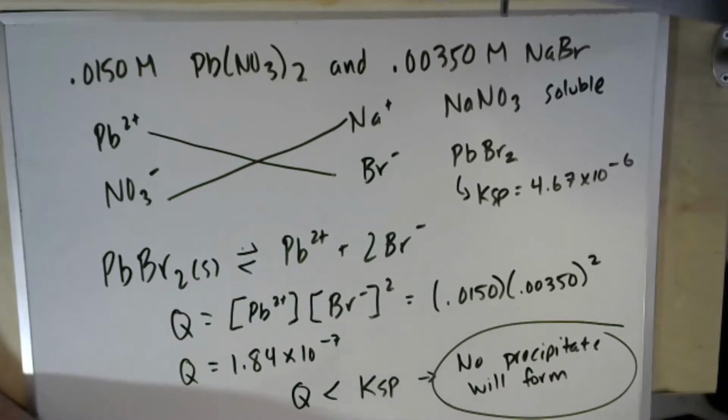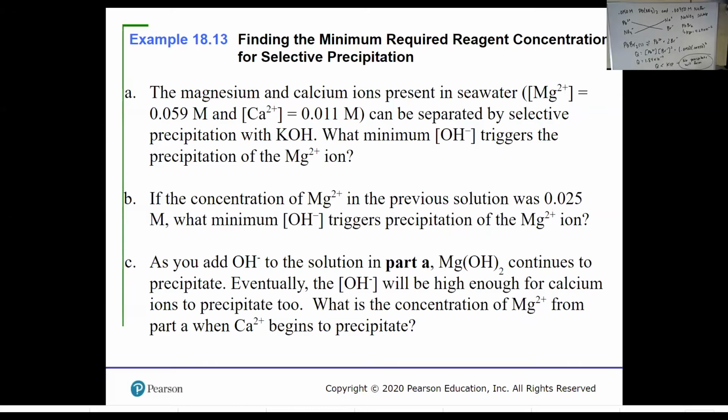Okay. Let's look at our next question. It kind of builds on this concept. I put this one in 3 parts. Okay, so first we're looking at the magnesium and calcium ions present in seawater, with the concentrations there. The ions can be separated by selective precipitation with potassium hydroxide. What minimum hydroxide ion concentration will trigger the precipitation of magnesium?